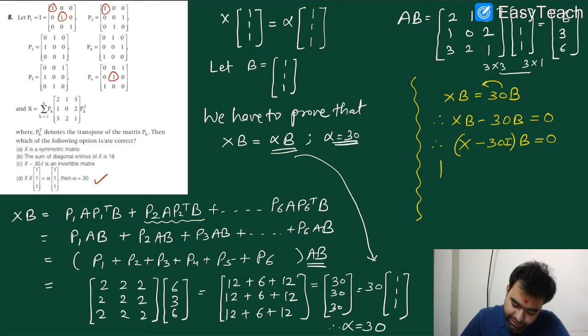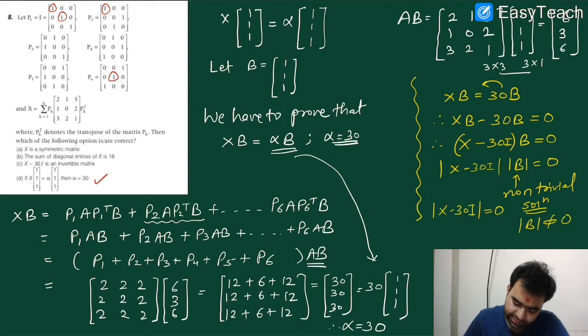It means determinant of X minus 30I into determinant of B is equal to 0. Now this is non-trivial solution, 1 1 and 1. So determinant of B cannot be 0. So it means determinant of X minus 30I is 0.